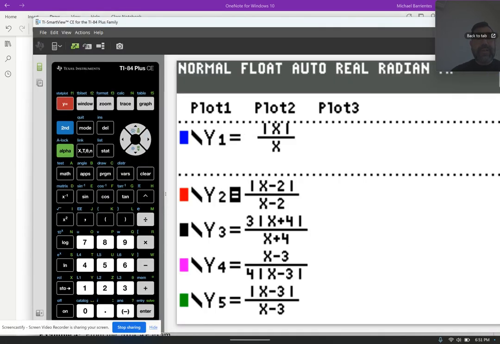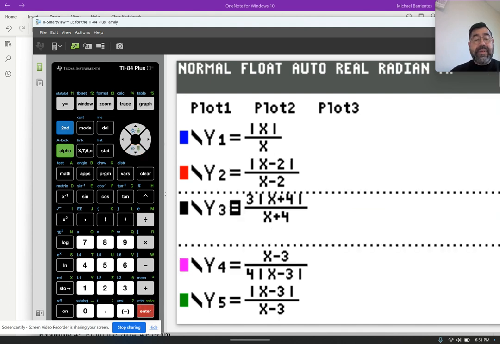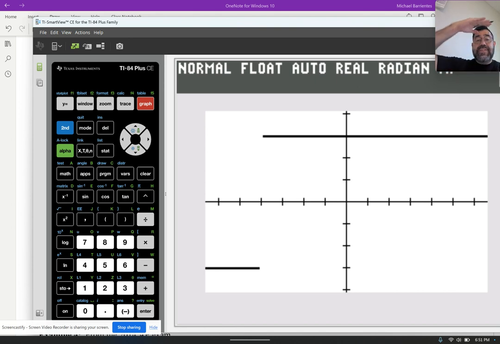I'm going to come back over here. Let's turn off example 2 and let's do example 3. We did move to the left, 1, 2, 3, 4 spaces, and notice it got stretched away from the x-axis by a factor of 3, meaning instead of being at -1 and +1, now it's at -3 and +3.